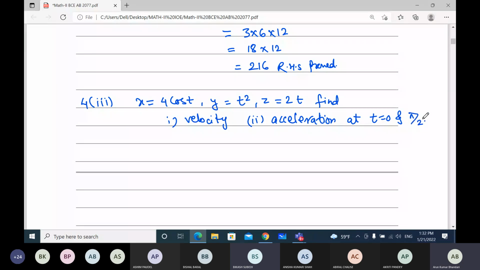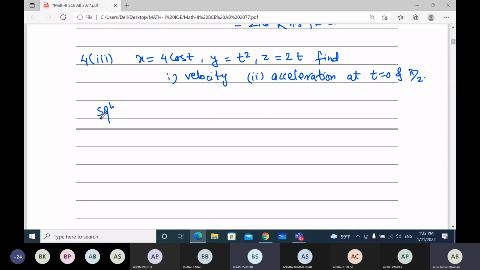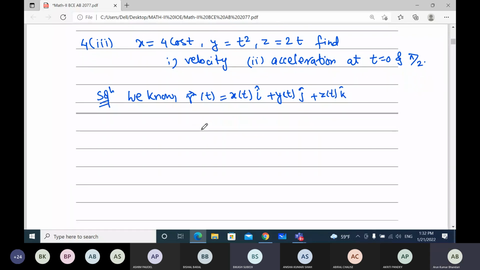So let us solve it. We know r(t) equals x(t)i plus y(t)j plus z(t)k, and this is equal to r.